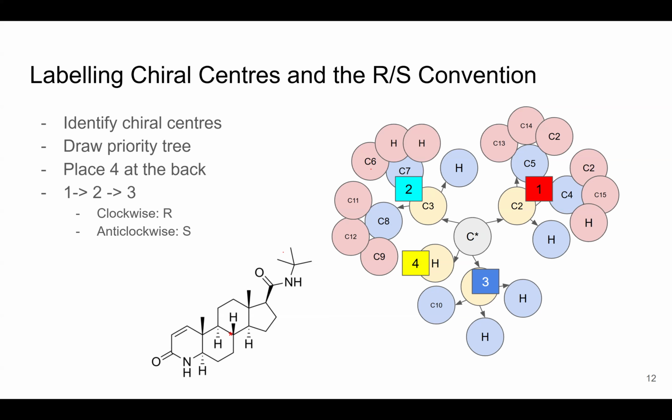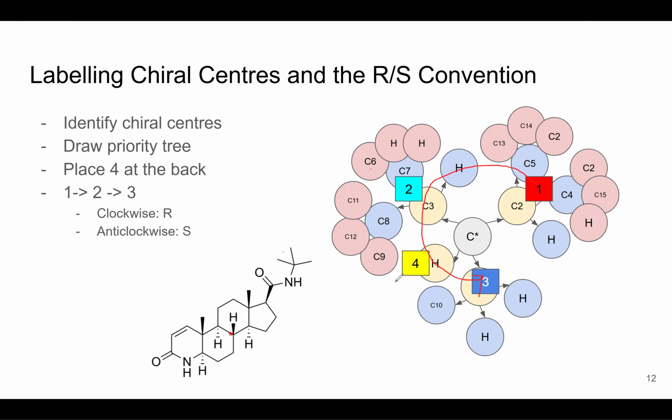So what if the group with priority number 4 is at the front? In this case, we have the hydrogen pointing out, and it's also of the lowest priority. Well, you can still draw a circle from 1 to 2, then to 3. In this case, it's anti-clockwise. Then you might think it's sinister, right, because it goes against.